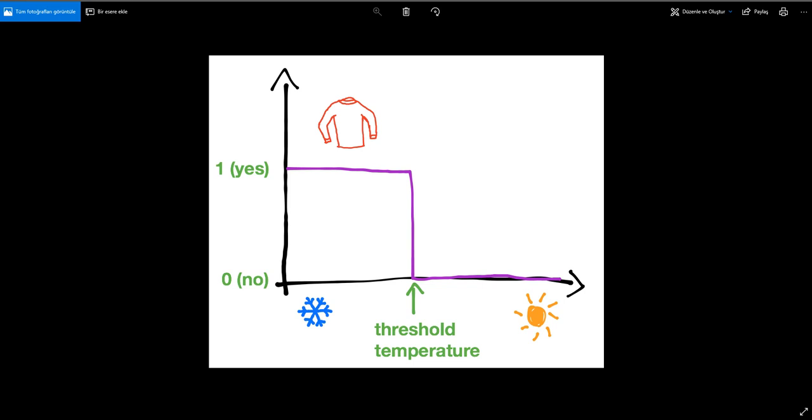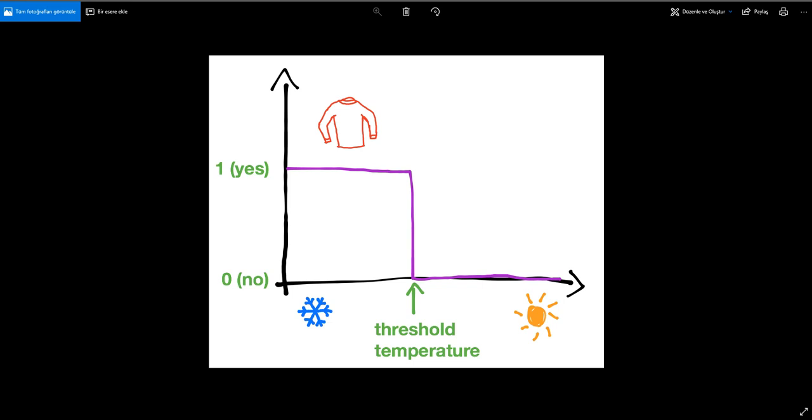Machine learning generally has some concepts: the sigmoid function, the activation function, perceptron, bias, and other kinds of learning structures. Threshold is an important concept. If you decide to go out with your sweater, you have to look at the weather.